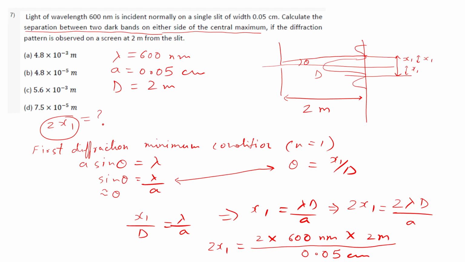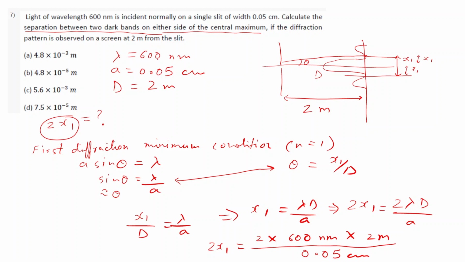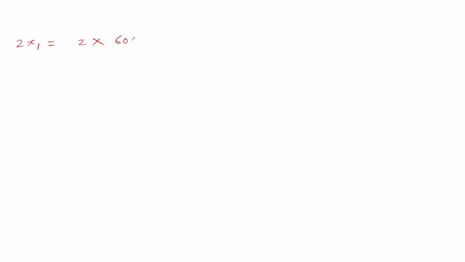So when I calculate this thing, first I'll convert all these units to same. Our answer is in meters, so I'll convert all this in meters. Then 2x1 will be 2 times, and this 600 nanometer means 600 times 10 to the power minus 9 meters. Then this is in meters, that is alright.